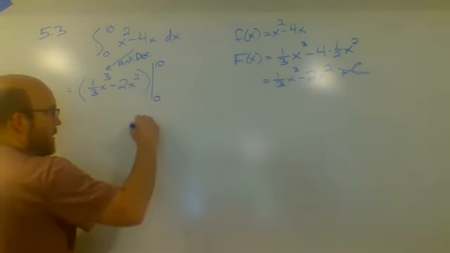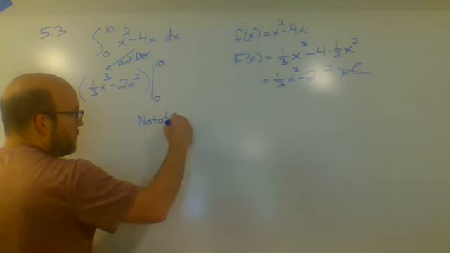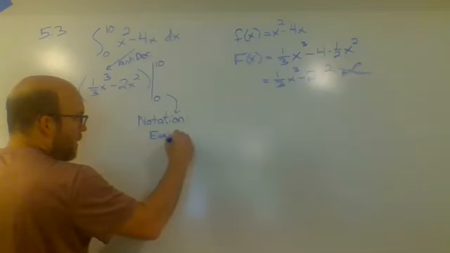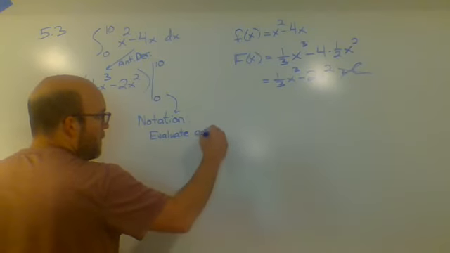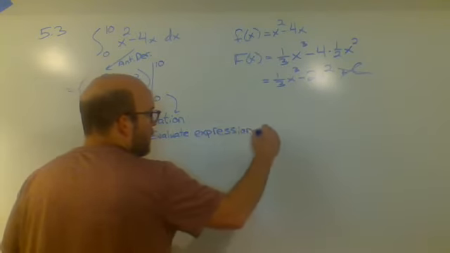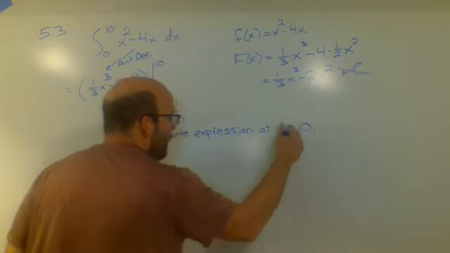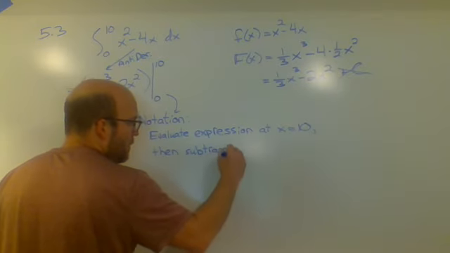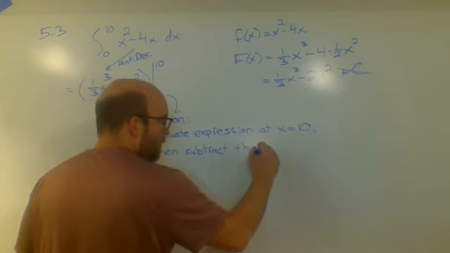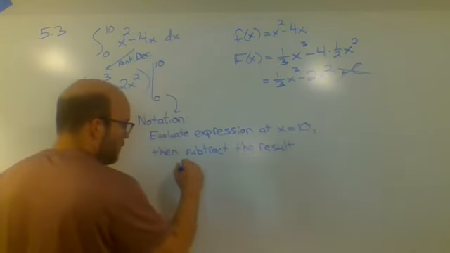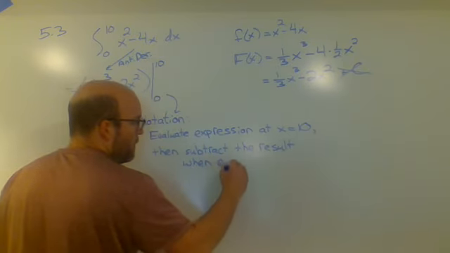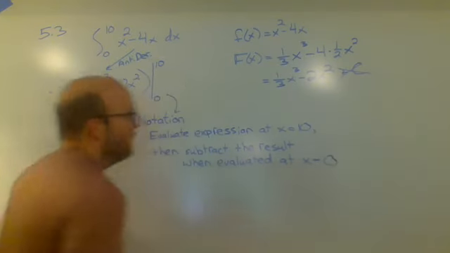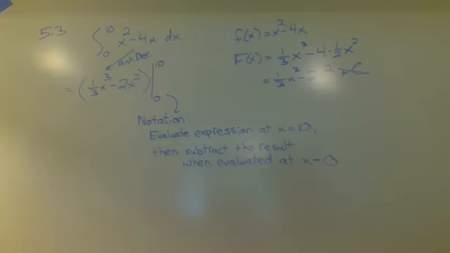So that's what I'm trying to show here, is that this notation tells you to evaluate the expression at 10, then subtract the result when evaluated at 0. I know this is wordy, maybe I shouldn't have tried to write this out, but all I'm trying to say is that's our shorthand notation for writing f of 10 minus f of 0.